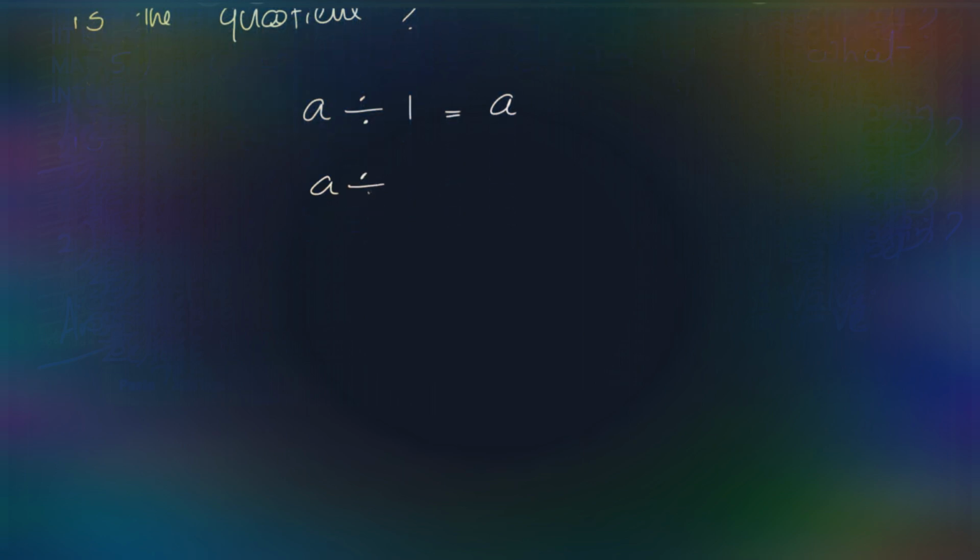If the integer is divided by -1 it gives negative a, that is, an operation between a positive and a negative, whether it is multiplication or division, the answer will have the same sign. So a divided by -1 equals negative a. Here it is given as 100 divided by -1. So the answer is -100 and it is the quotient.